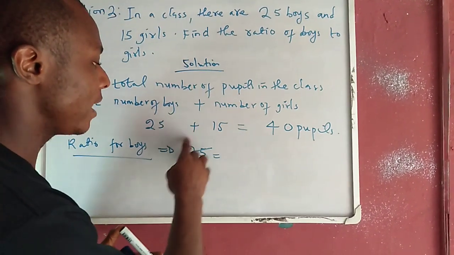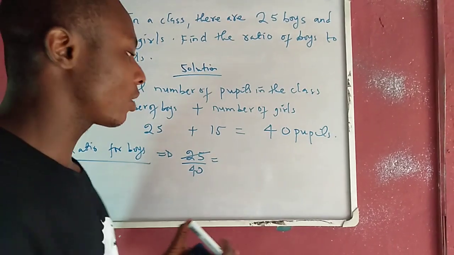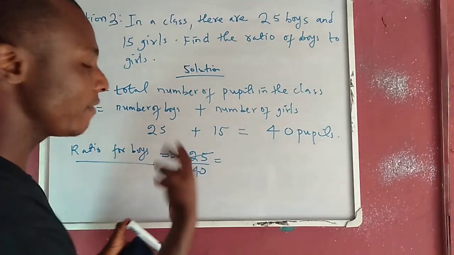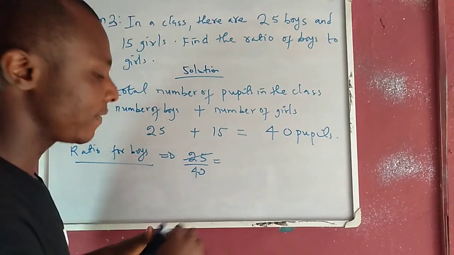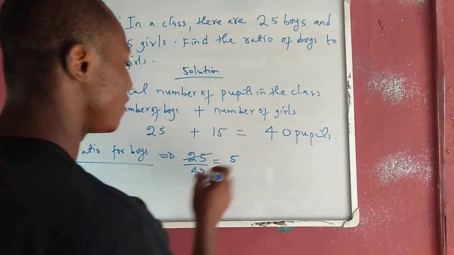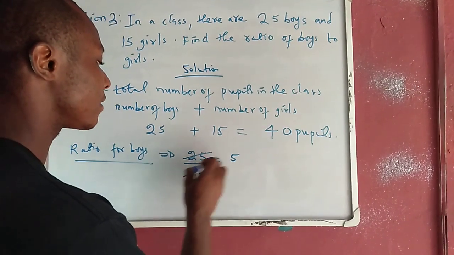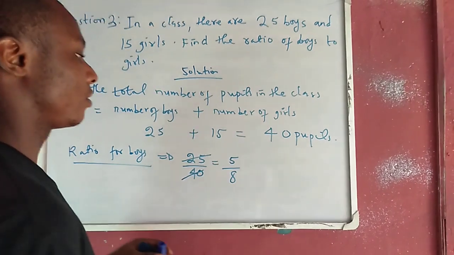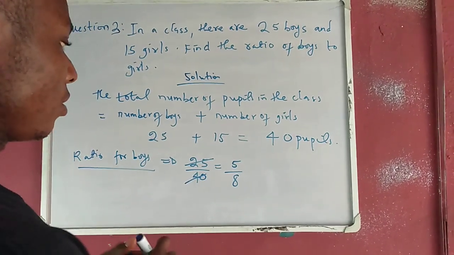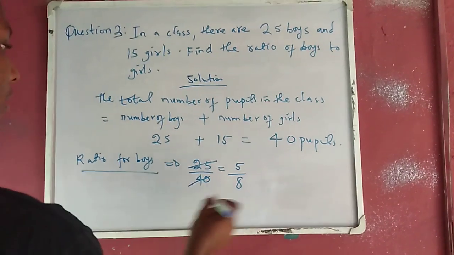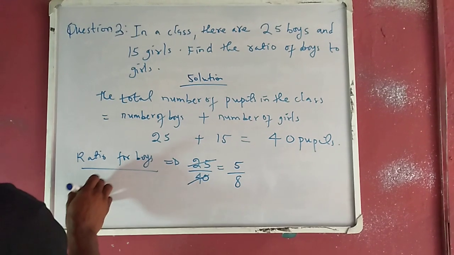When we want to simplify a fraction, we use a common factor to divide both numbers. So I'm using 5. So 5 into 25 will give me 5. 5 into 40 will give me 8.